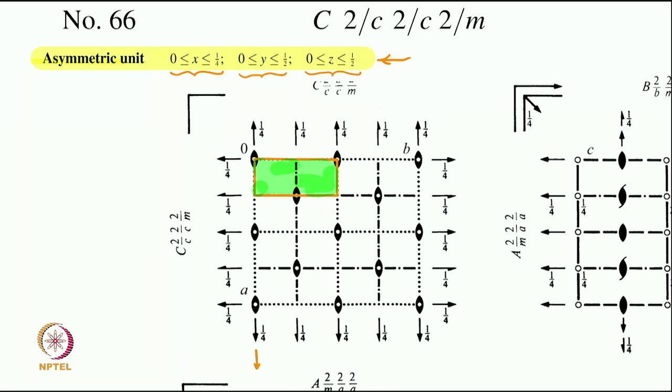Now, how is it that this region will fill the space using the symmetry operations of the space group? So, let us look at that. Let me first use this twofold, the twofold which I have circled right now.